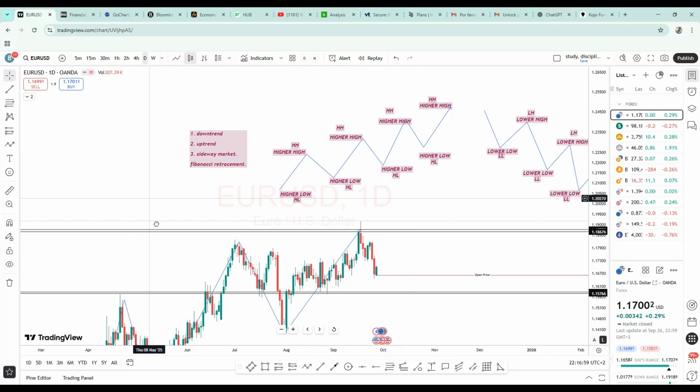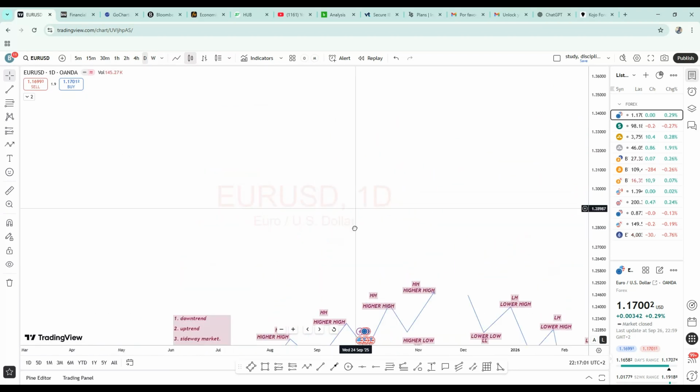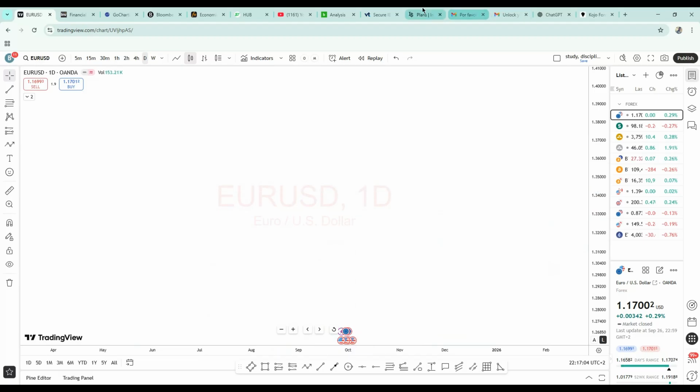Now, there are different types of trend lines that we have: the horizontal trend line, the normal trend line, and the channel trend line. Let me list them out for you so that you will not mix up those tools.